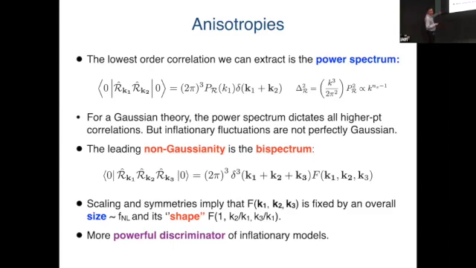These are momentum-dependent functions. Because of that, these 3-point functions tell us a lot more than the 2-point functions, because they give us a functional worth of information instead of just a number like a spectral index.